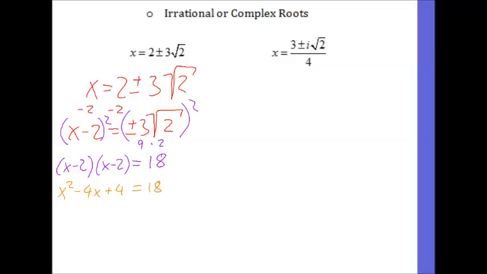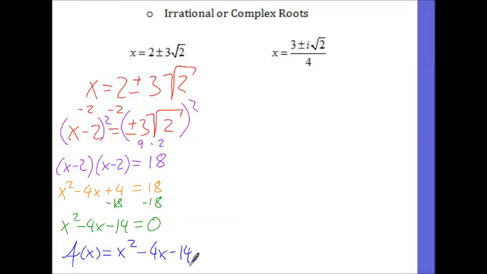And in our next step, we will subtract 18 from the left in order to set our equation equal to 0. x squared minus 4x minus 14 is equal to 0. And that is our function. f of x is equal to x squared minus 4x minus 14. All right?